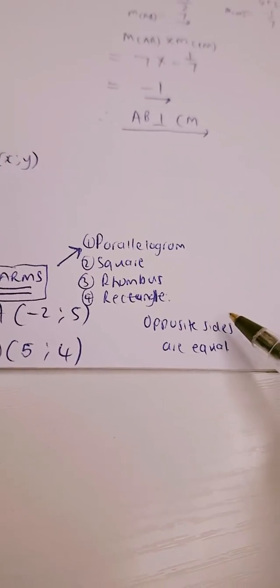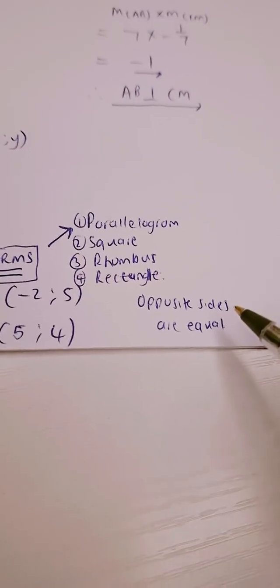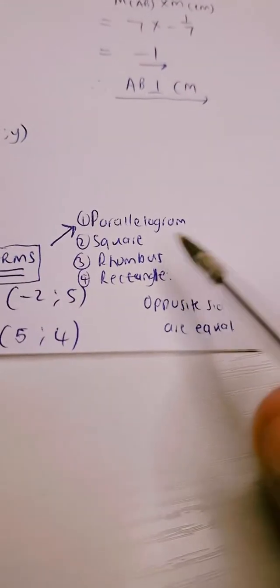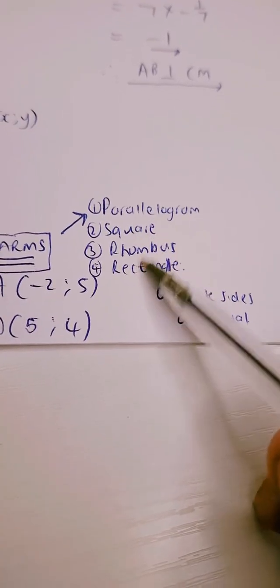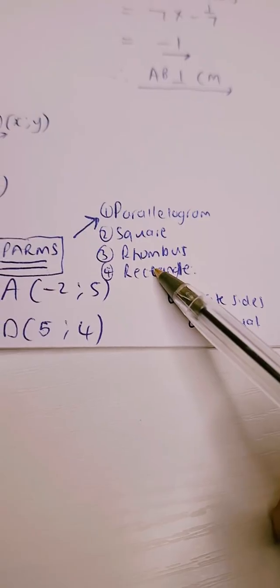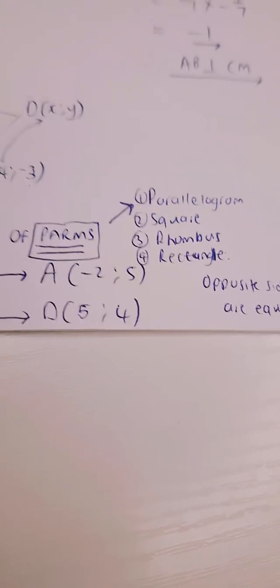Second one being both pairs of opposite sides are parallel. Third one being diagonals bisect each other. Fourth one being opposite angles are equal. So those properties apply to all these quadrilaterals, including obviously the parallelogram itself. Do you feel me, my brothers and sisters?